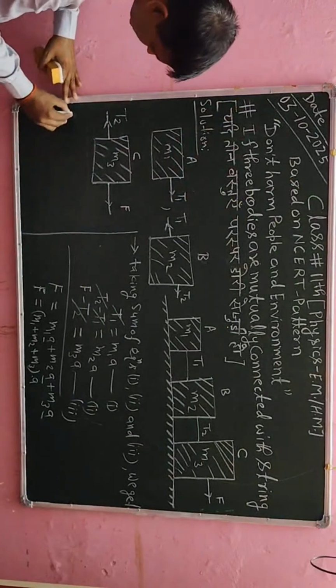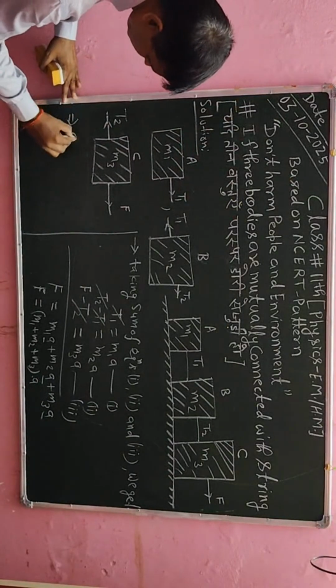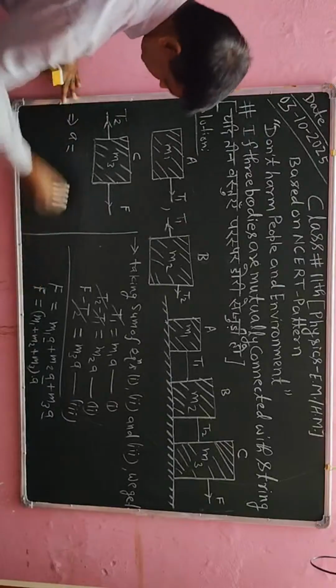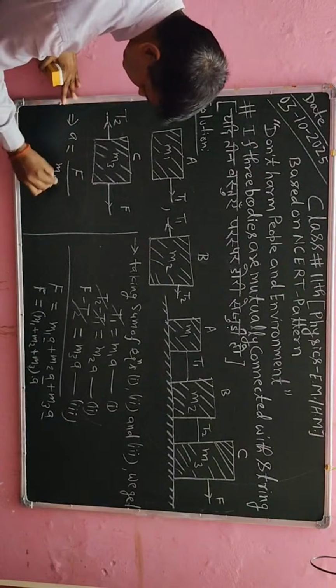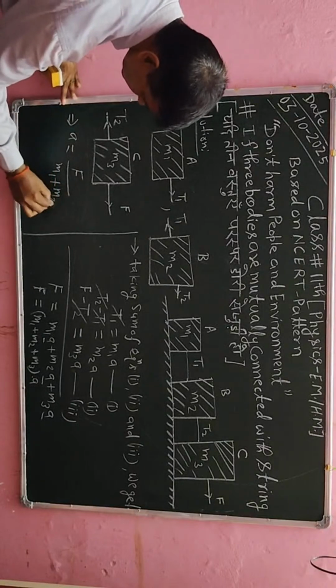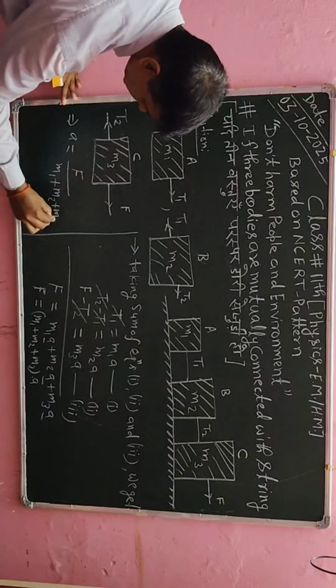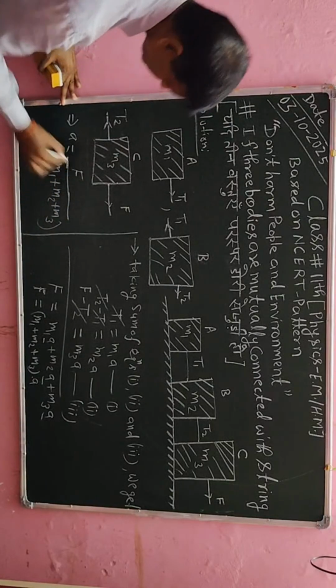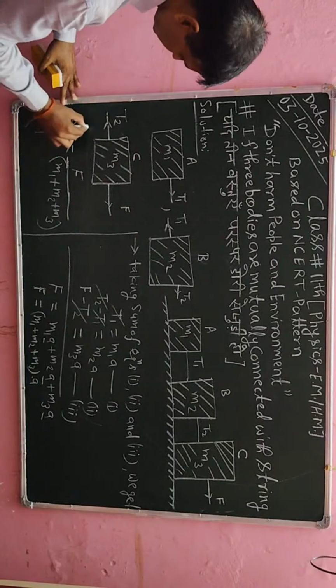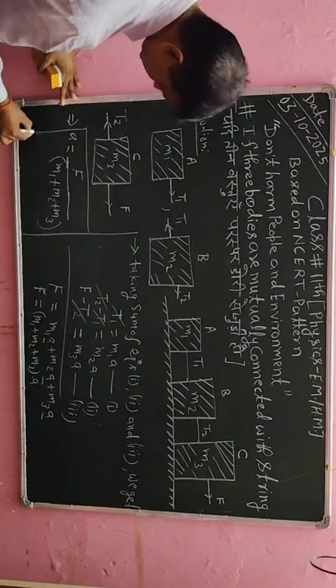So after simplification I can write the value of A, which is equal to F divided by M1 plus M2 plus M3. This is the requirement of the question.